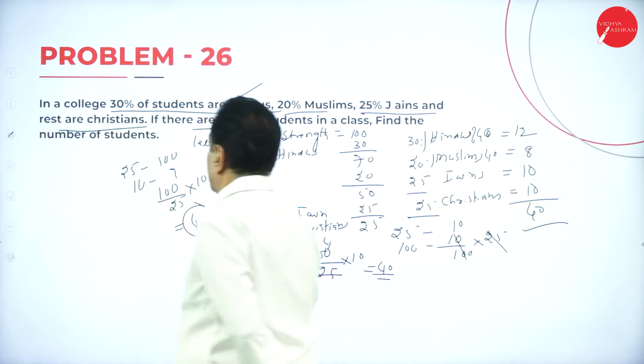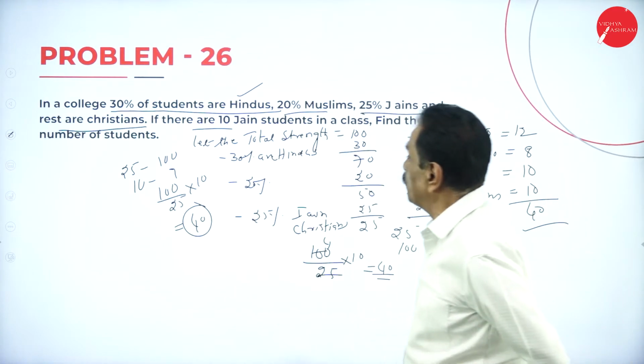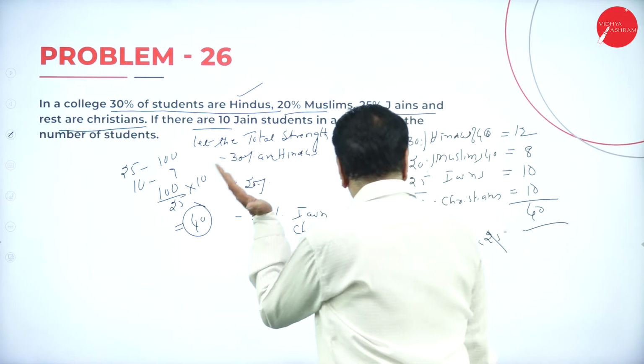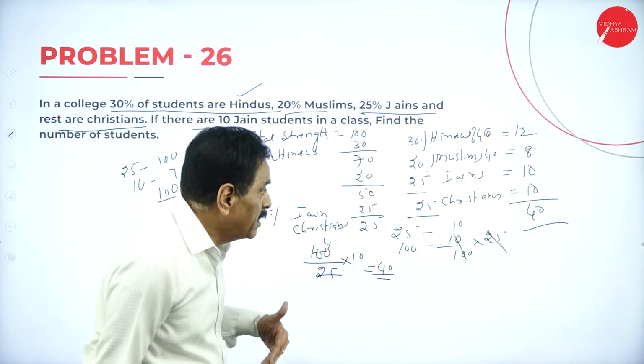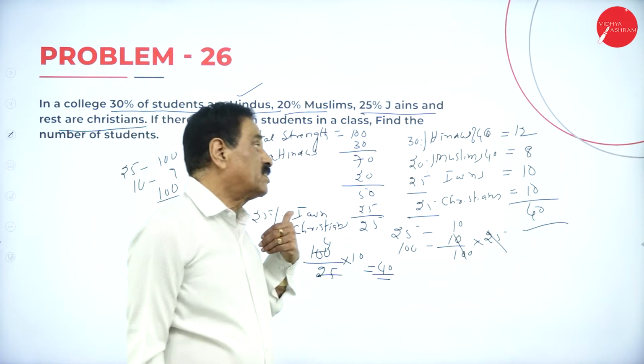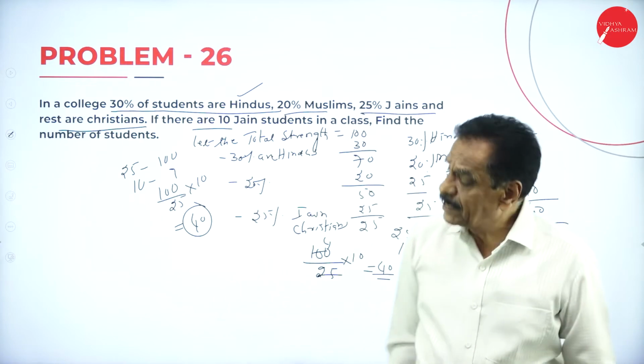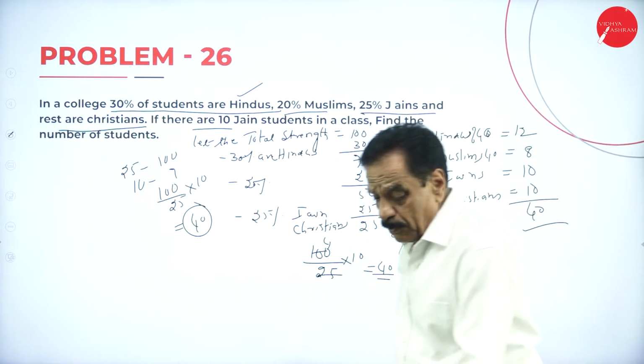This is the base I have taken. Now I apply the percentage. Hindus are 12, Muslims are 8, Jains are 10, Christians are 10. Totally 40 students. Hope you understand this. We'll move on to the next one.